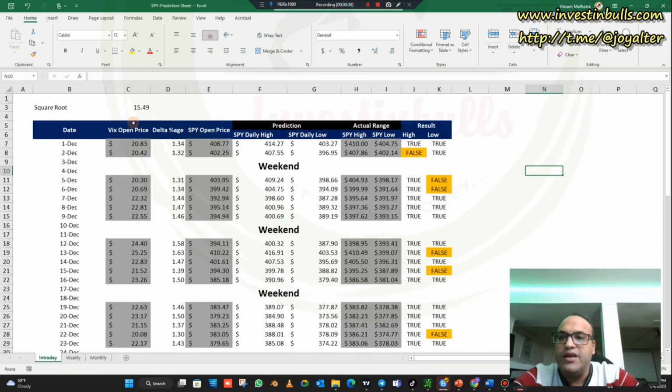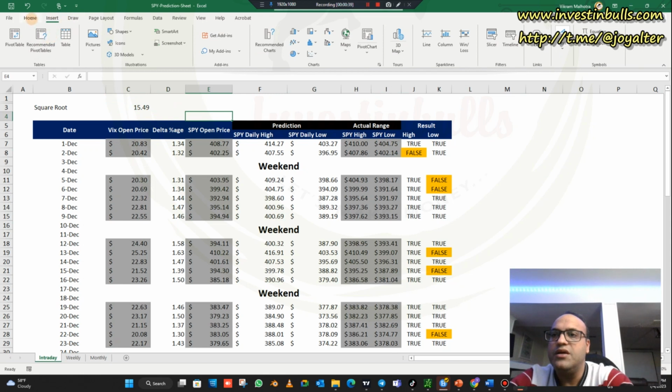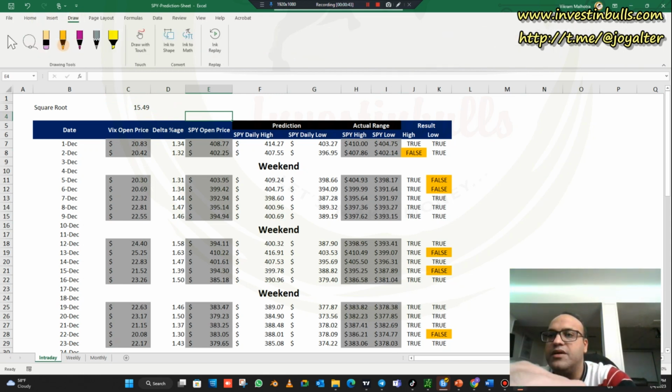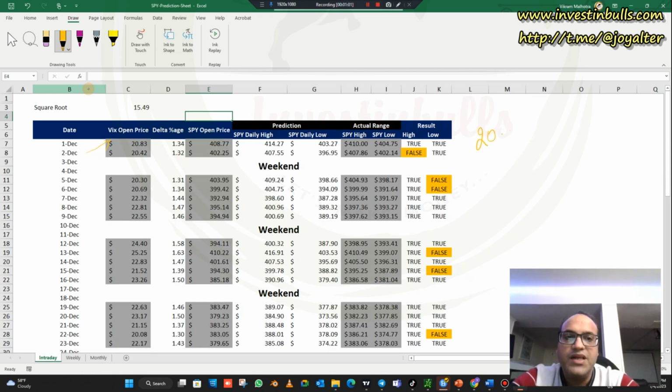For SPY intraday, what you need to do is take the value 15.49. Like the old weekly strategy, at 9:30 in the morning you have to open the VIX and note down the VIX value.